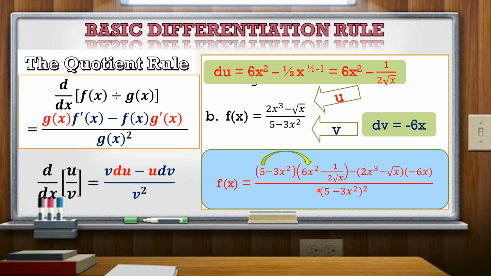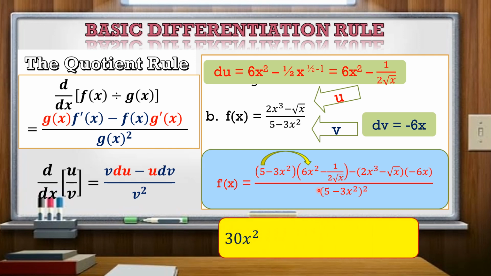Okay, then apply natin yung distributive property of equality. Sige, isa-isayin natin. So, 5 times 6x squared is 30x squared, right? Okay, tapos na tayo doon. Next, si 5 naman ibibigay natin kay negative 1 half square root of x. That results to negative 5 over 2 times square root of x.